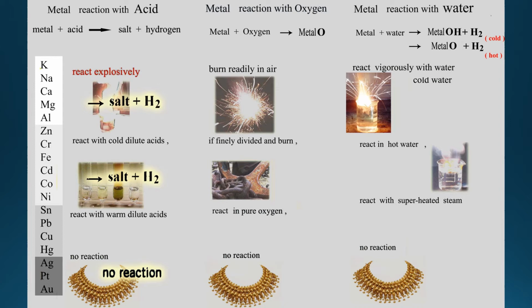On the next row, metal reacting with oxygen should form metal oxide. No matter what metal, if it forms, you can write the equation and you know what type of metal oxide. If no reaction, on the lower group, no reaction.